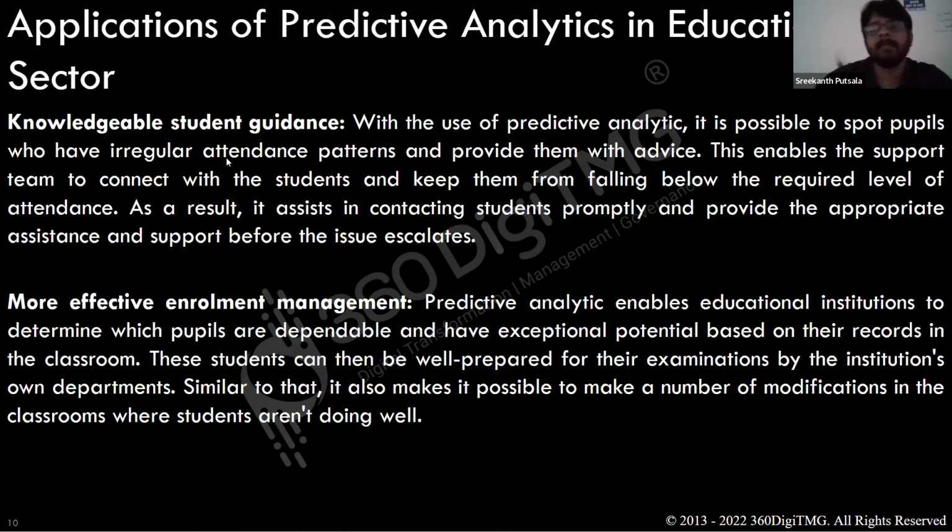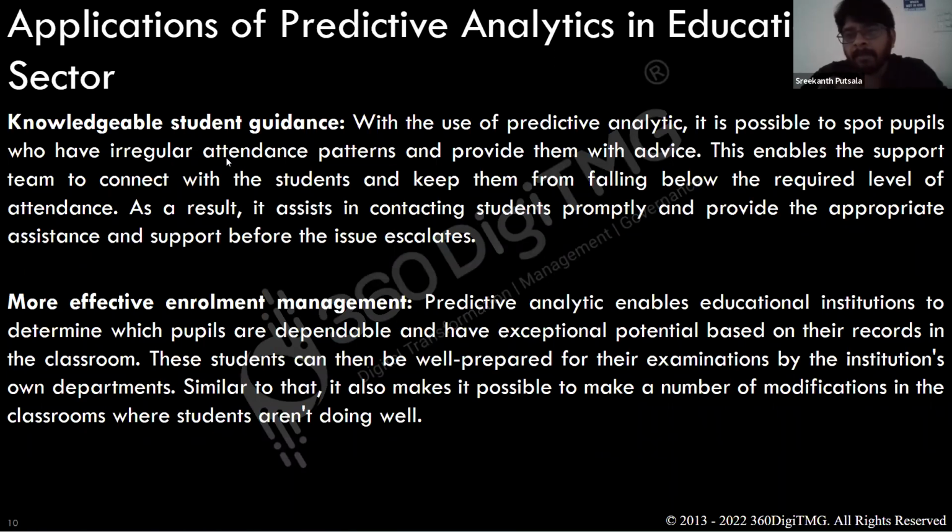With the use of predictive analytics, it is possible to spot people who have irregular attendance patterns and provide them with advice, right? So that is something we can do. I can create a model where we automatically detect these people with irregular attendance.